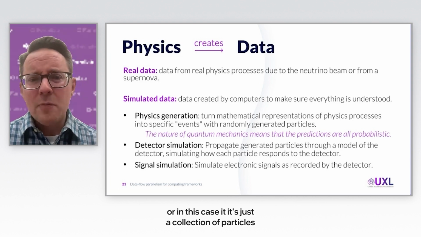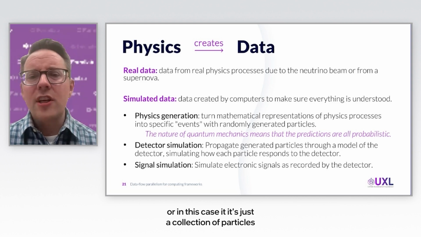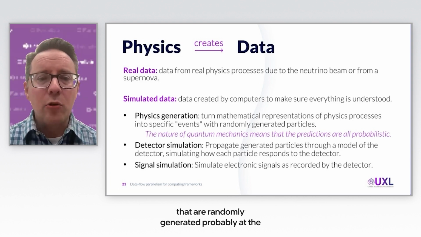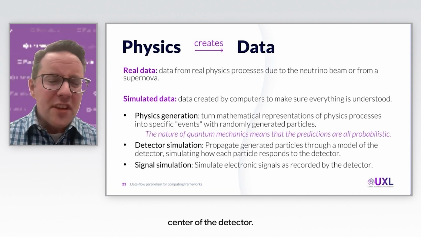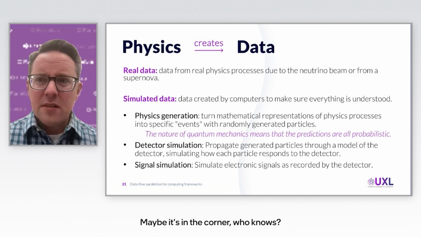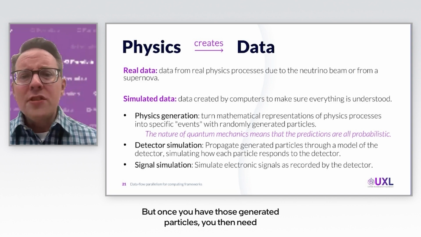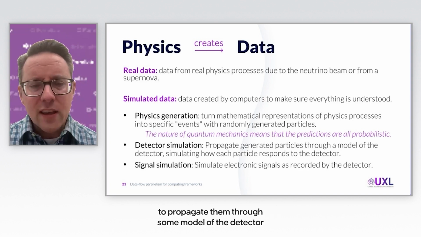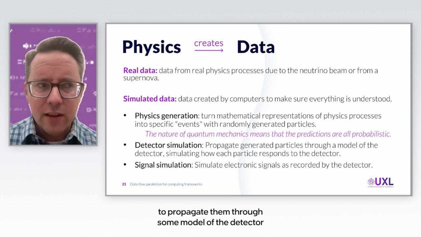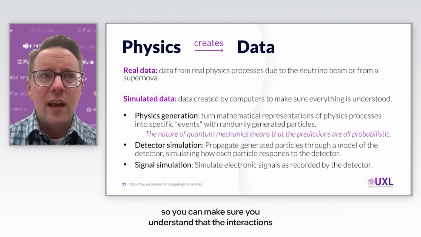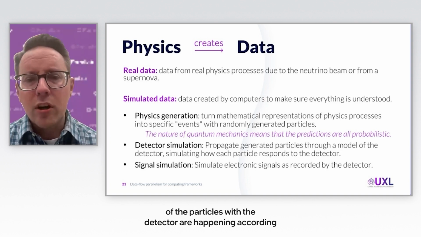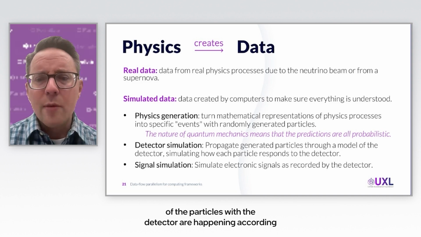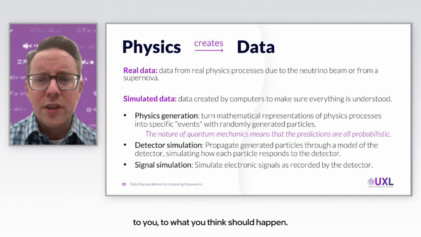Or in this case, it's just a collection of particles that are randomly generated, probably at the center of the detector. Maybe it's in the corner, who knows? But once you have those generated particles, you then need to propagate them through some model of the detector, so you can make sure you understand that the interactions of the particles with the detector are happening according to what you think should happen.